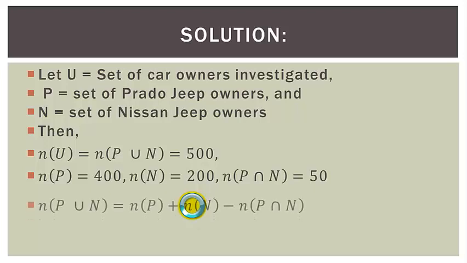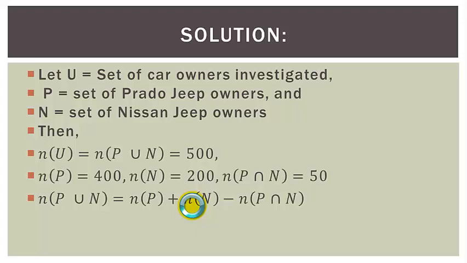So using this formula, n(P union N) equals n(P) plus n(N) minus n(P intersection N). We have 400 plus 200 minus 50. 400 plus 200 is 600.